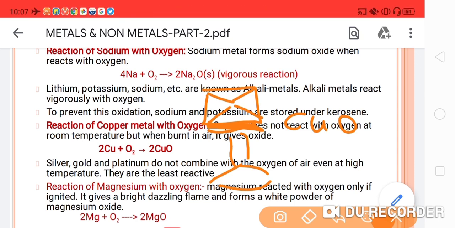But if you observe the inside of the copper envelope, a pink color will appear. Why? Due to the formation of cuprous oxide.